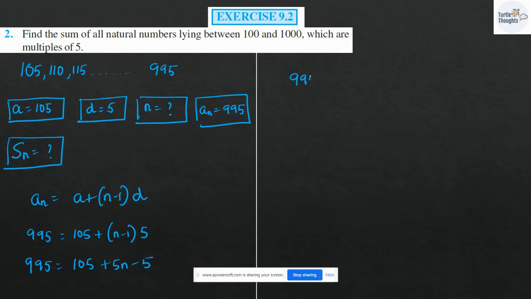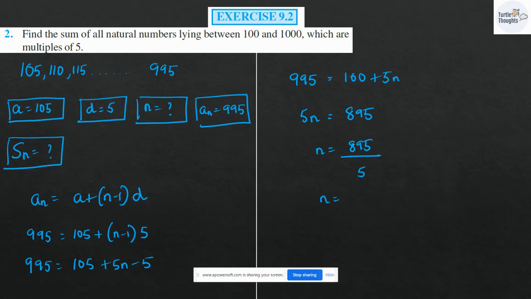So I can write this as 995 will be equal to 100 plus 5n. So I can write 5n will be equal to 895. So n is going to be 895 divided by 5.